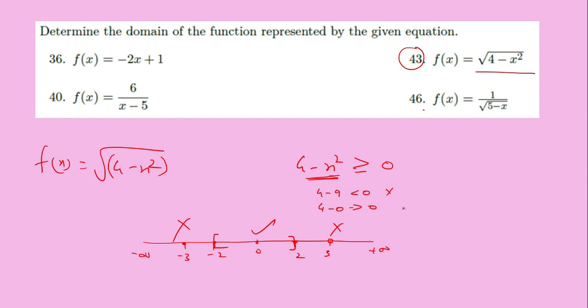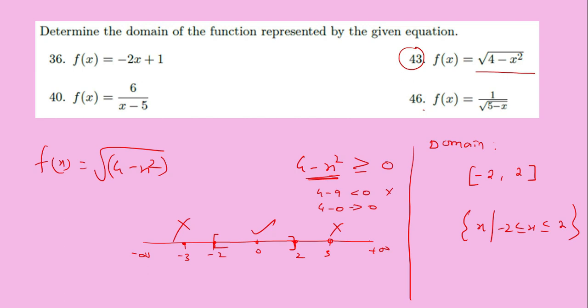So the domain for problem 43 is from minus 2 to positive 2, with both ends included. Or in set builder form, the set of all x such that minus 2 is less than or equal to x, less than or equal to 2. Okay, we will try 46, and I will give some more practice problems for you to practice.